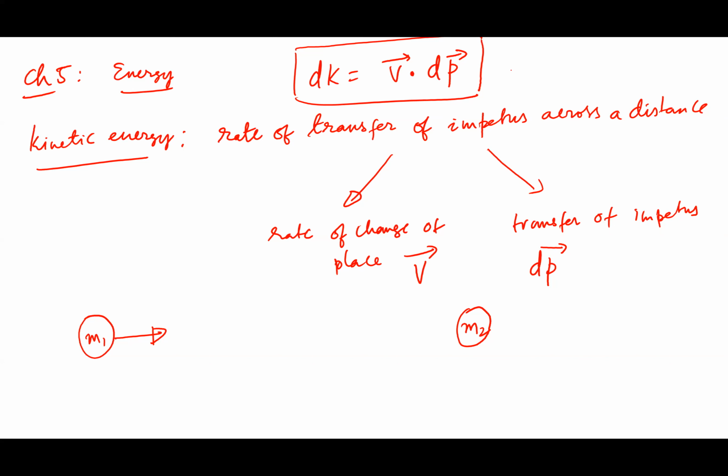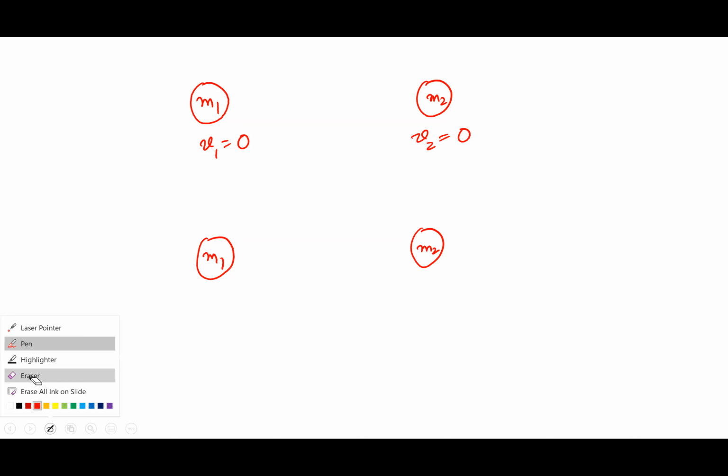The reason I want it to be a scalar is that using momentum, using impetus, I'm not able to capture the difference between two objects that are still versus two objects that are moving opposite to each other. For example, consider the situation where I have two objects, M1 and M2, both at rest, versus M1 and M2, or let's just say all masses are M, just for simplicity.